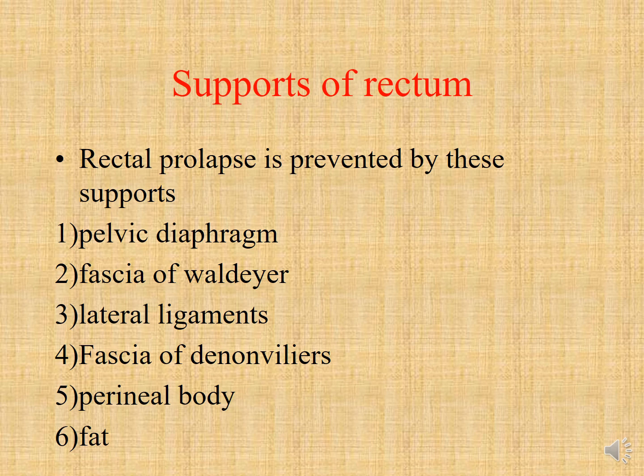All these structures are providing support to the rectum. If something happens to these structures, then there will be protrusion of the rectum from the anal canal, which is known as rectal prolapse.